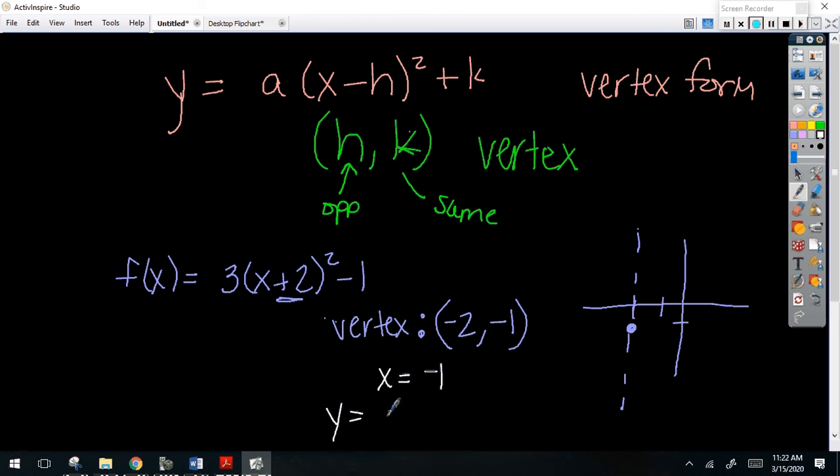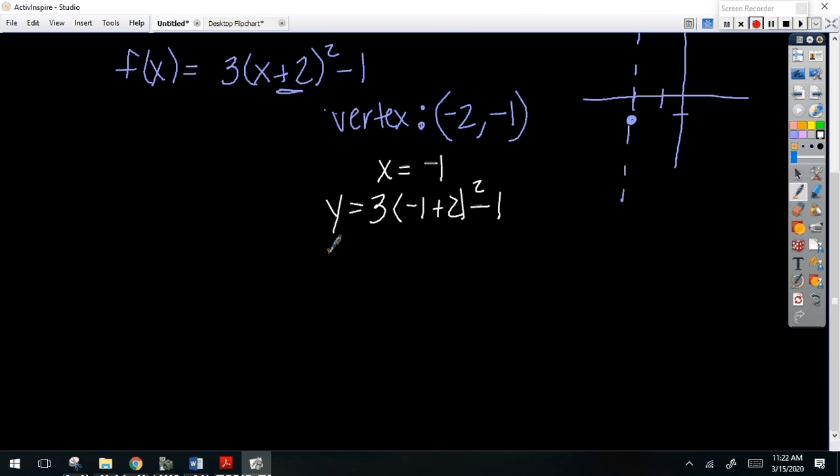If I plug that in, I would get 3 times (-1 plus 2), which is 1 squared. So this would give me 3, right? -1 is what I plugged in. So (-1, 3) would be another point on my graph. I would plot that, and then I could reflect, okay?